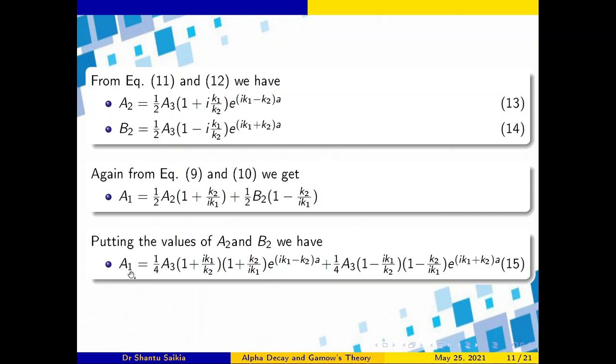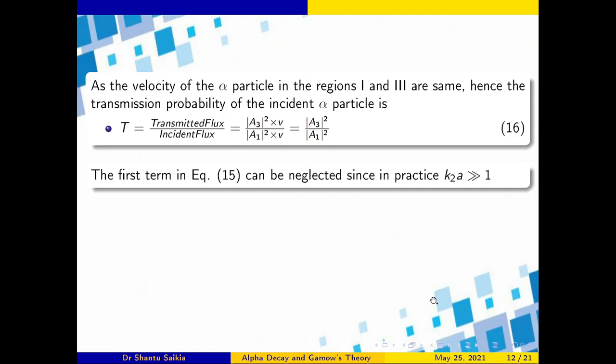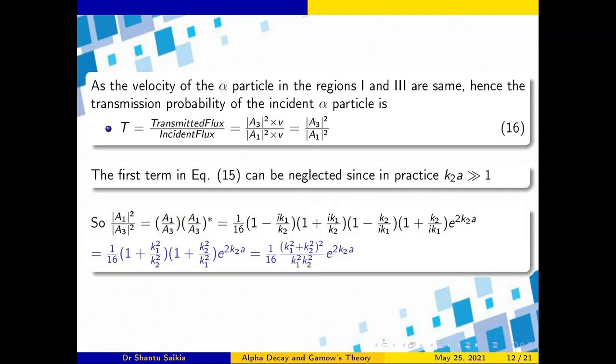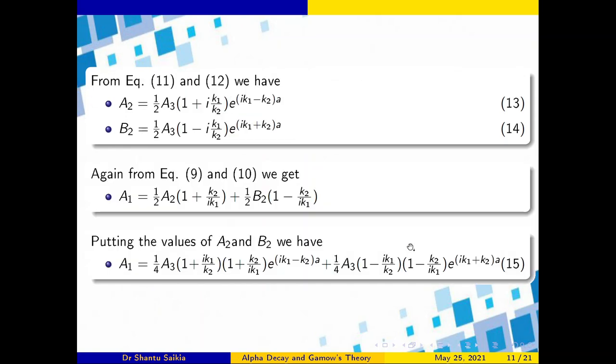So we end up with a relationship between A1 and A3 where only the second term remains. We neglect the first term. Therefore we can write A1 by A3. These are complex quantities, so A1 by A3 whole square is A1 by A3 into the conjugate of A1 by A3. From that equation, we write A1 by A3 and its conjugate and multiply them together.